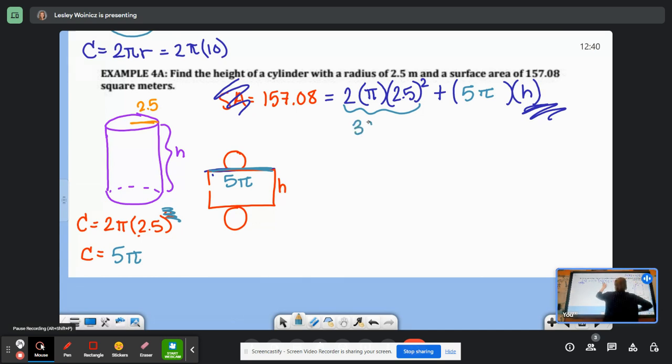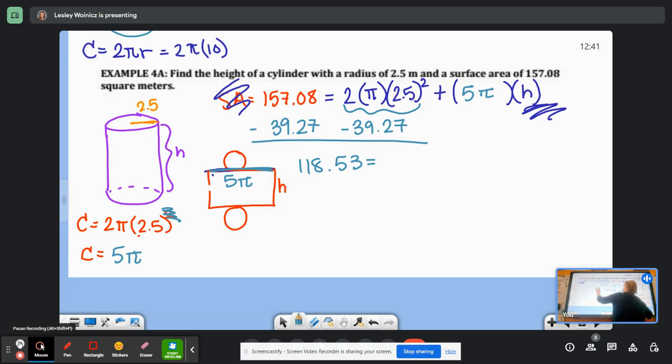Okay, 39.27. So that's what we're subtracting away from both sides. Okay, so what is 157.08 minus 39.27? 118.53 equals 5 pi times our h.